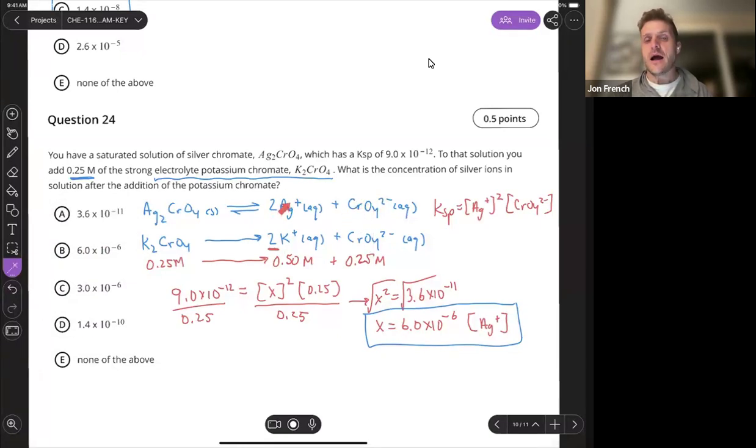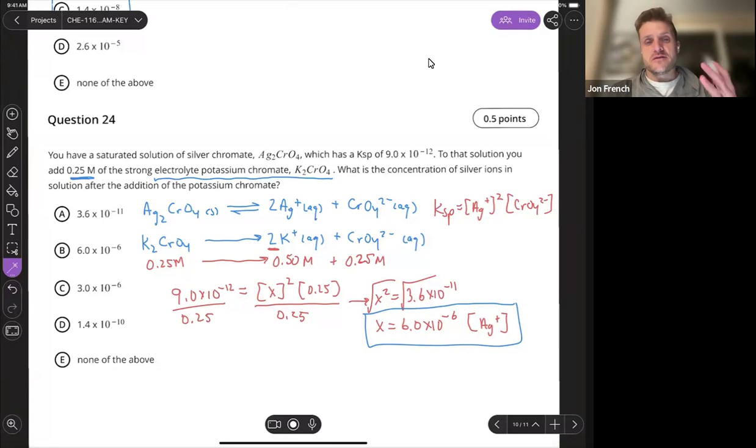But in this case, I don't have two unknowns. We just have one unknown. Silver is my only unknown because it's the only thing I'm solving for. We can just define it as x. We don't need to define it as 2x because it's the only thing we're looking for. So we have chromate concentration, so we can just say silver is my x.